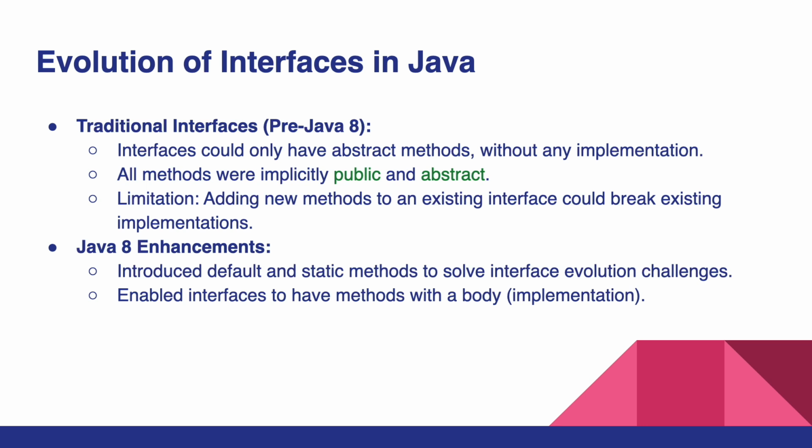Java 8 addressed this issue by introducing default and static methods in interfaces. This change enables Java developers to evolve interfaces more gracefully while keeping code backward compatible. With this new capability, interfaces have become much more versatile and powerful.